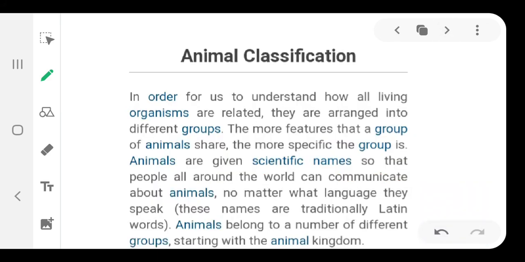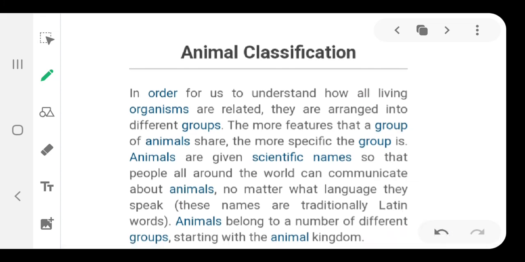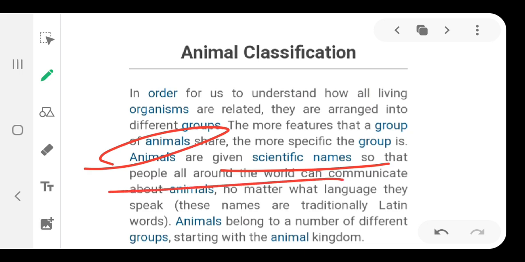Now this is the definition for animal classification, and why we need it. In animal classification, we give animals specific names, so that people all over the world, irrespective of the language they use, can communicate among themselves, because no matter what language they speak, the scientific names of the animals remain the same throughout the world.